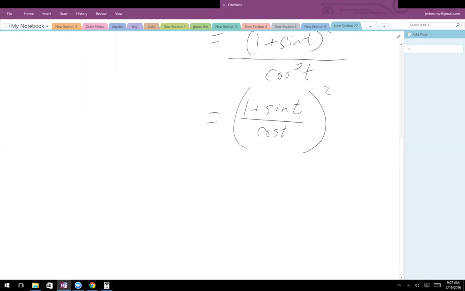This is the same thing as if I had 1 over cosine t plus sine t over cosine t. Because when you add fractions, if the bottoms are the same, you just add the tops. So I can split the top up over both bottoms. So what's 1 over cosine t?